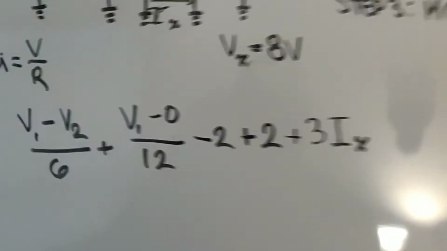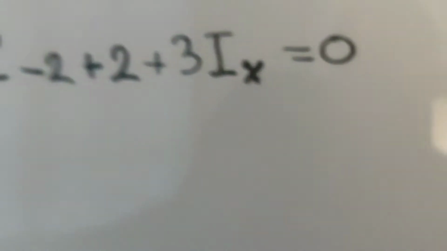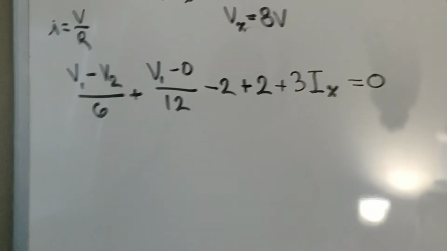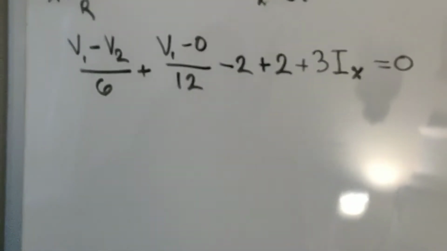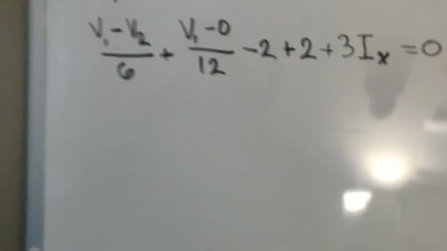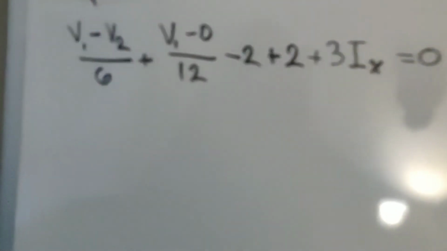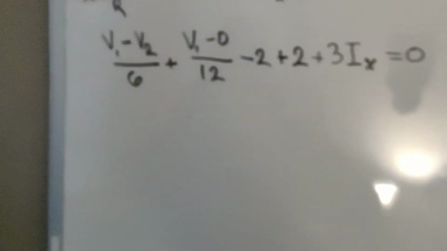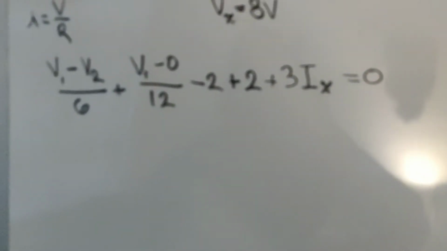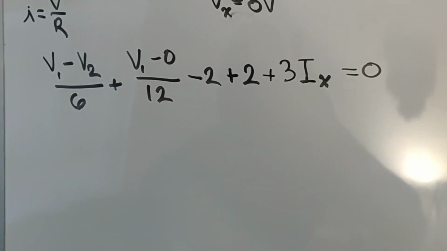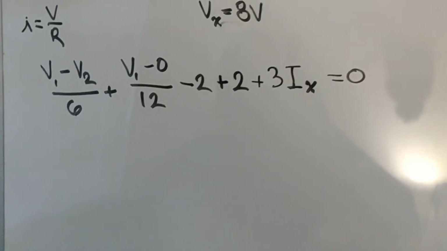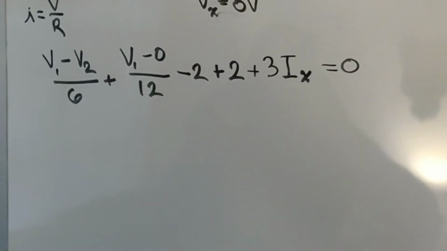All right, and all this is going to be equal to 0, correct? Because all of the currents leaving the node should be equal to 0. All the currents entering the node should be equal to 0, right? So that is our first equation.